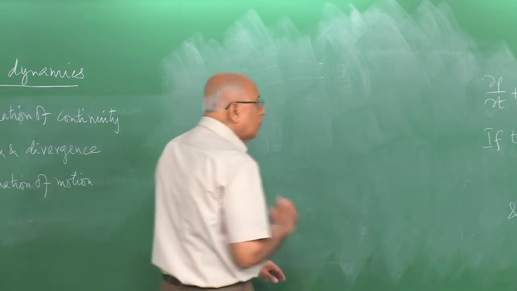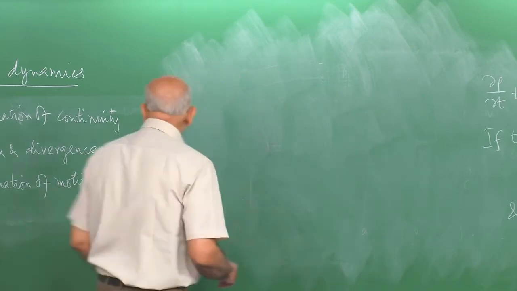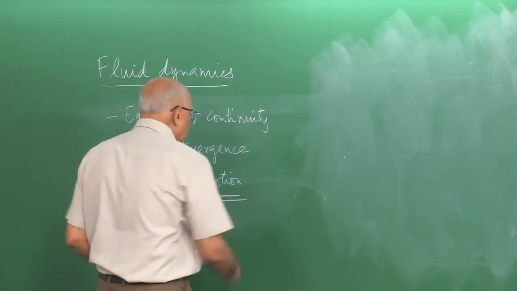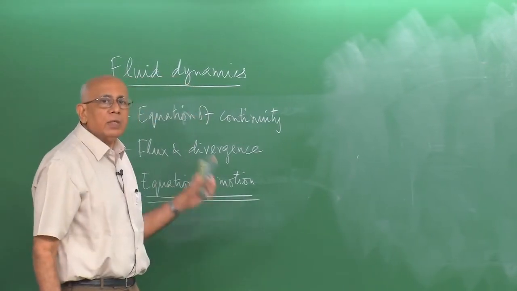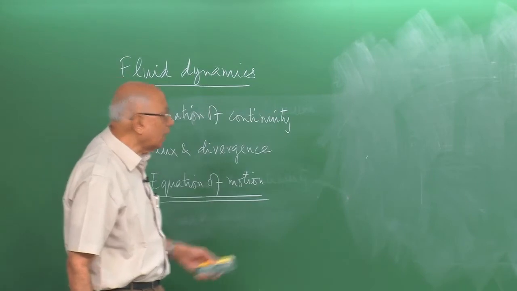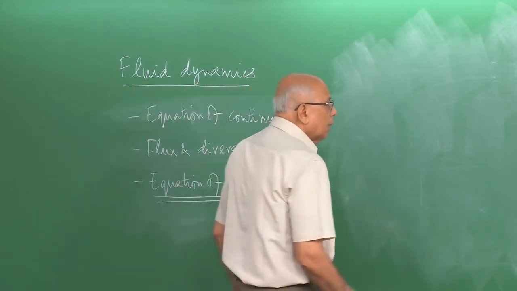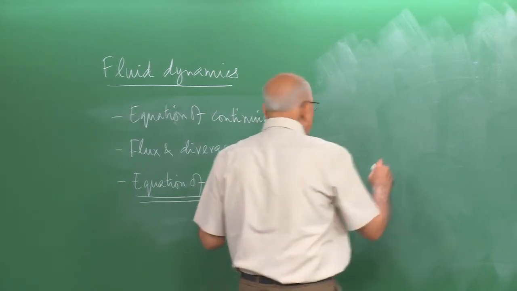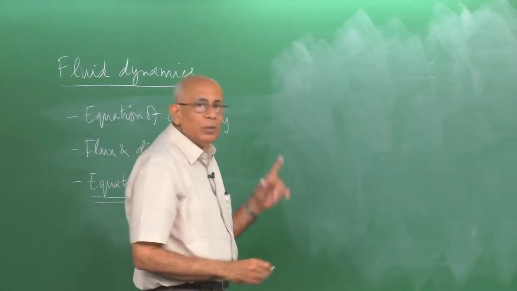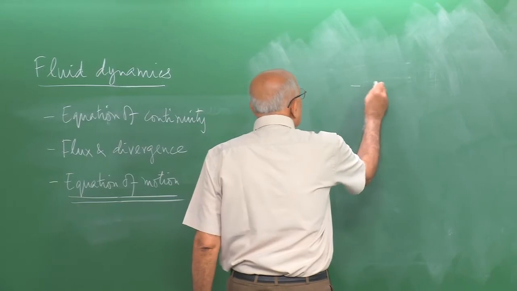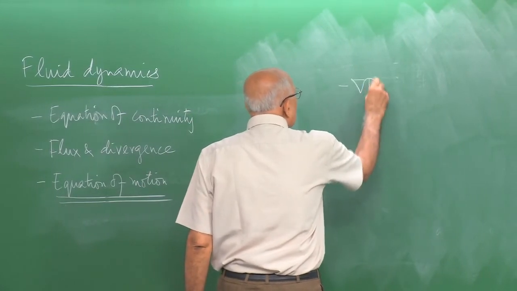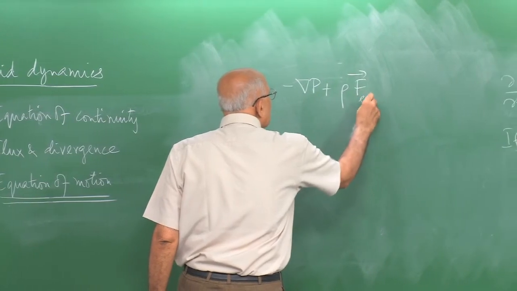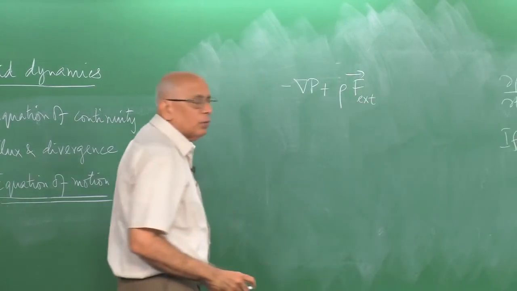Next, we now turn to the real business, which is to write the equation of motion of a fluid element. So, we need to start by writing Newton's equation for a fluid element, and that is now straightforwardly done, because we already know that the force on this fluid element per unit volume is minus gradient of P plus rho times F external, if such a force exists.